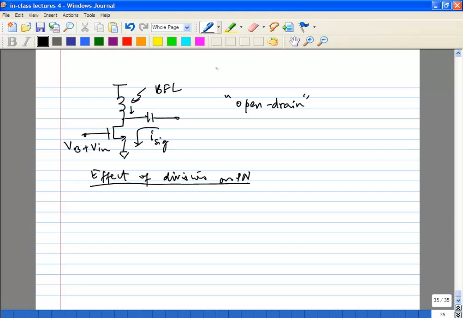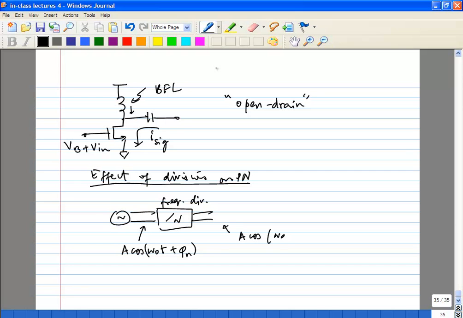I think you all probably know about this effect of division on phase noise. So if it goes through a frequency divider, and let's say at this point it looked like this, it's going to look like this because your frequency phase relationship is linear.